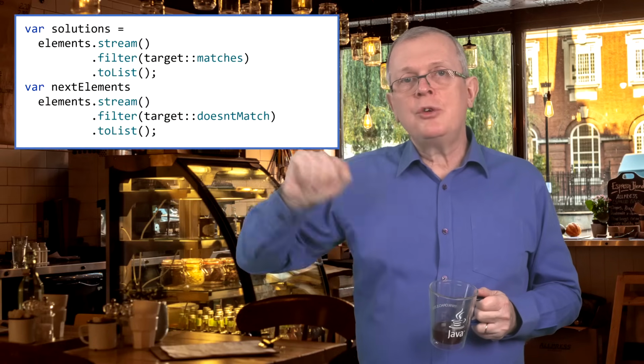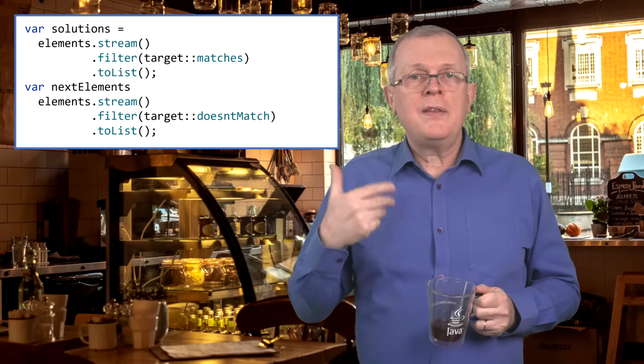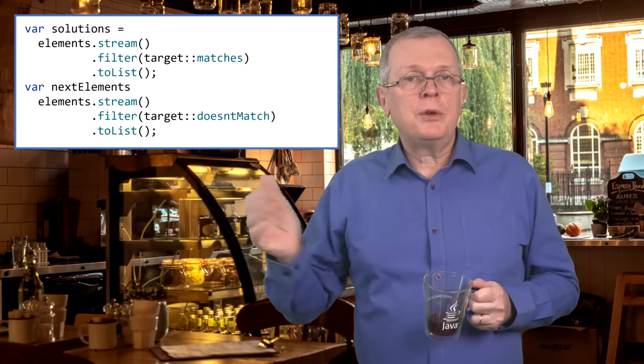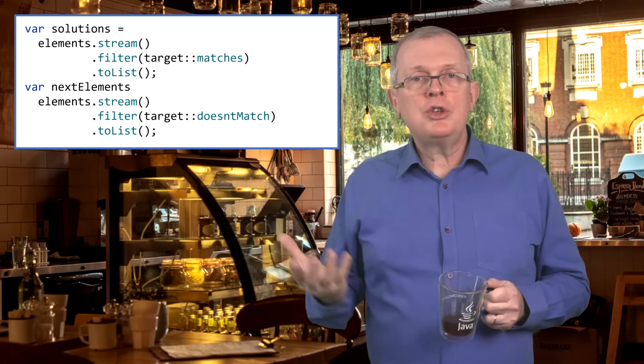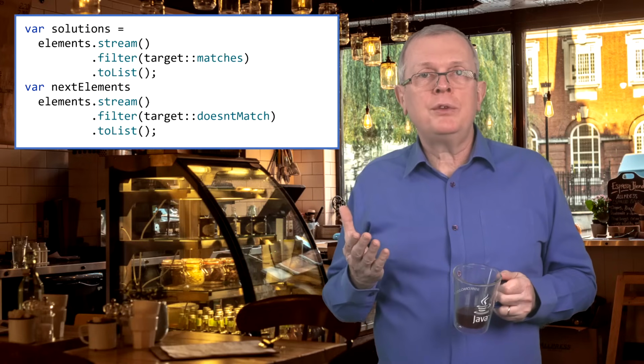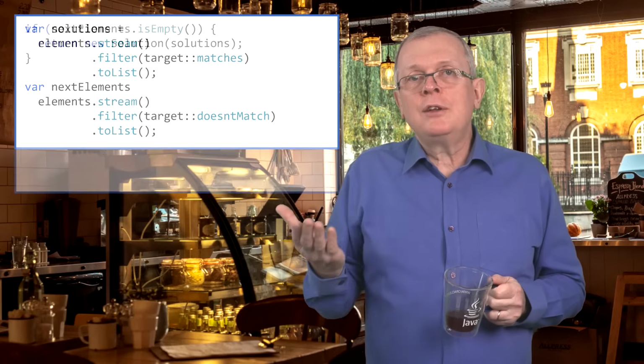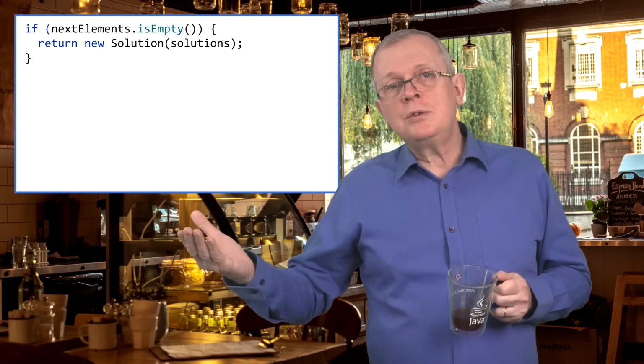So in the end, the process looks like the following. You get elements and a target. You can first check if there are solutions in your elements, and if there are, then there is no need to continue exploring them. Wrapping everything in records makes your code much more elegant. I use it all the time. If there are elements that are not solutions, then you need to continue.